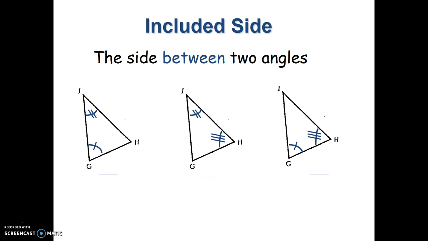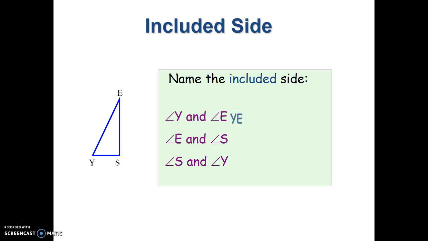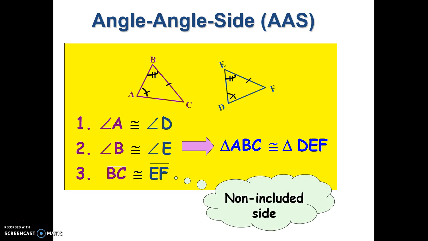And next we have the side between the 2 angles is the included side. We'll just quickly go through that. That's GI in this picture. Your 2 angles here, you could guess it's going to be right in here, and you could guess it'll be right in here. And again, you could pause this part if you'd like to practice more.